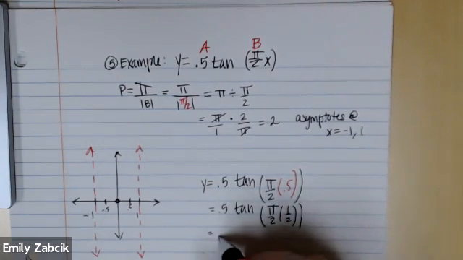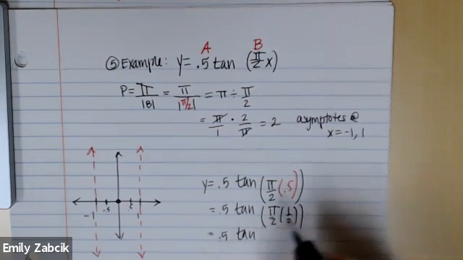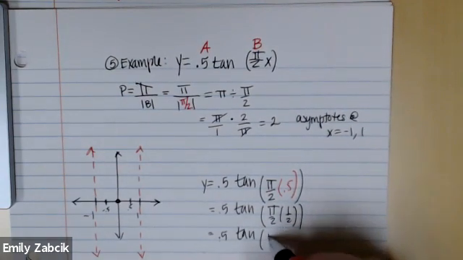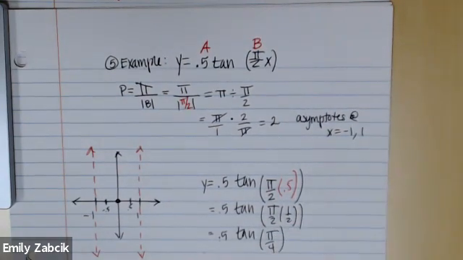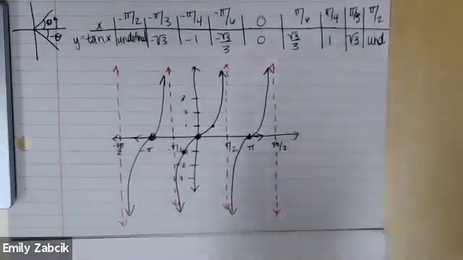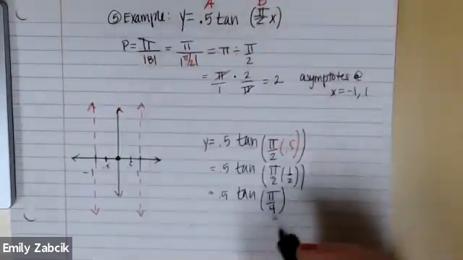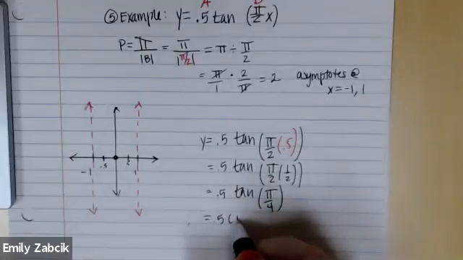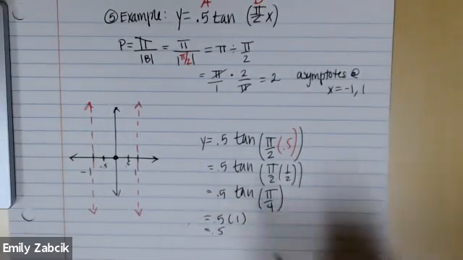Maybe a little bit better to see with my fractions. So it would be tangent of pi over 4. And we know tangent of pi over 4, we've actually already figured that out. Remember up here? Tangent of pi over 4 is 1. And so this would be equal to 0.5 times 1, so just 0.5.